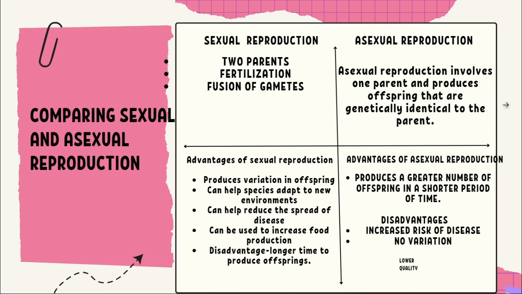So, for example, compare human beings. A pregnant woman has the baby in her belly for 9 months to give one or two children, because the chances of having triplets or quadruplets are very, very low.